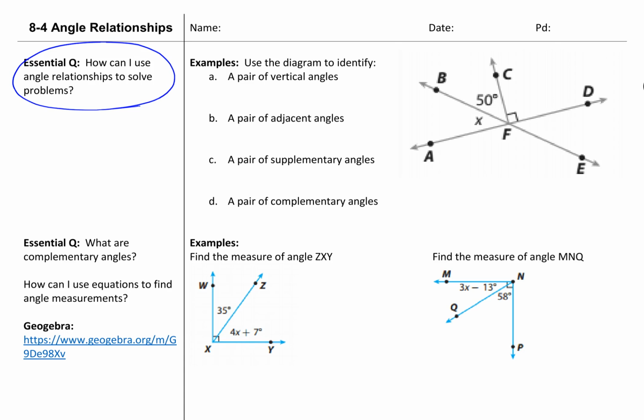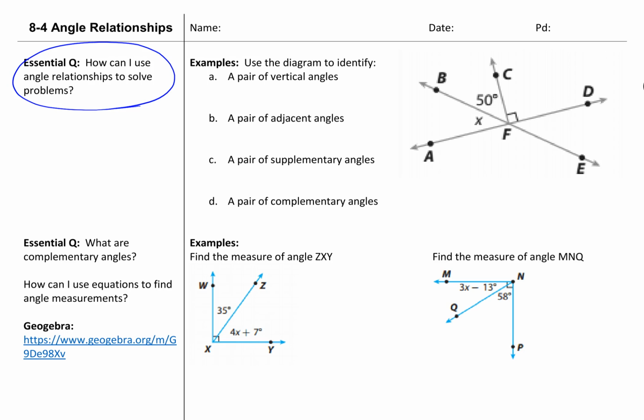I have this diagram on the left here, and it looks like a lot, but we're just going to dissect it all. I want you to use this diagram to identify a pair of vertical angles. Remember, vertical angles are two angles that are directly across from each other.